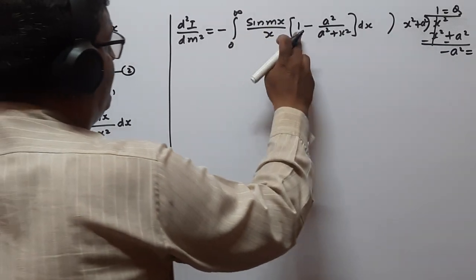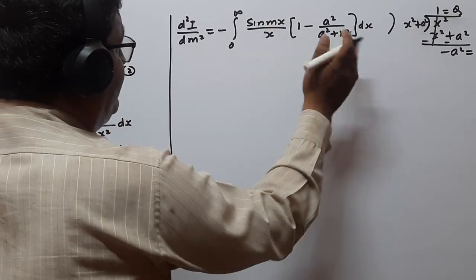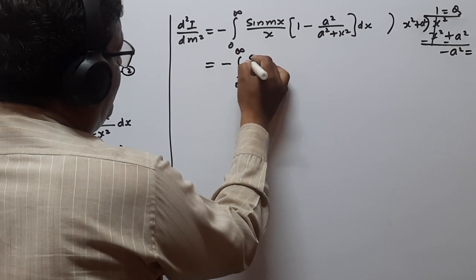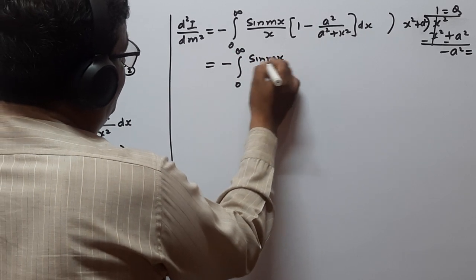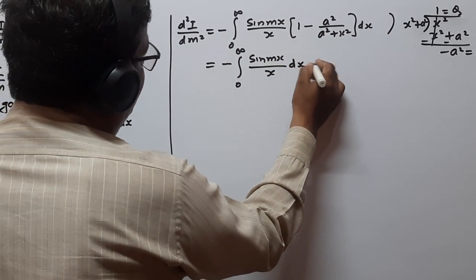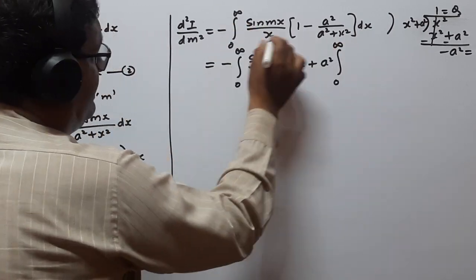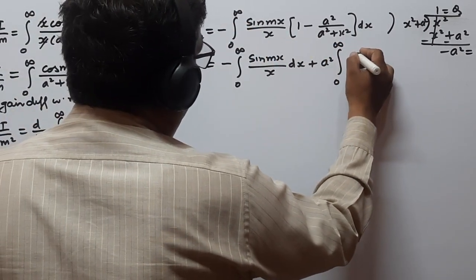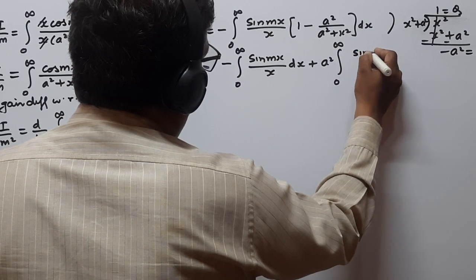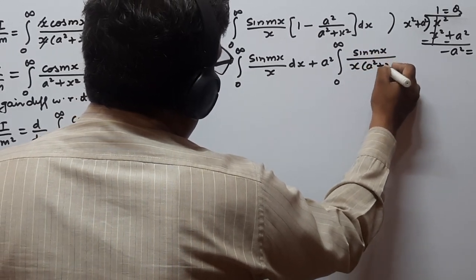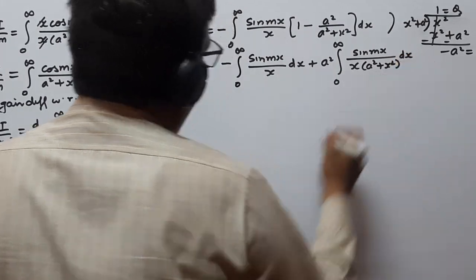Now we multiply this and separate these two integrals, so this can be written as sine mx divided by x, plus a square, which is a constant, so it will be outside the integral sign, and here this is sine mx divided by x multiplied by a square plus x square dx.